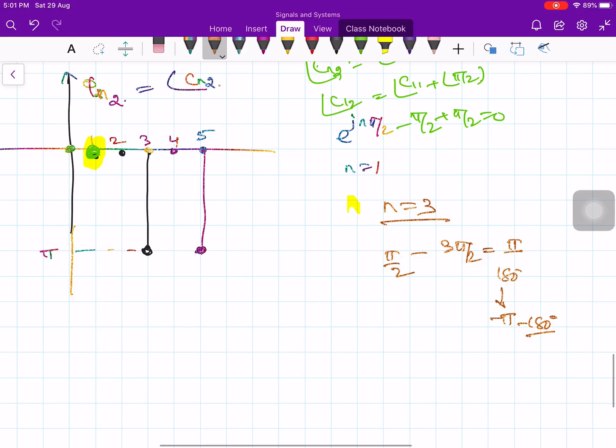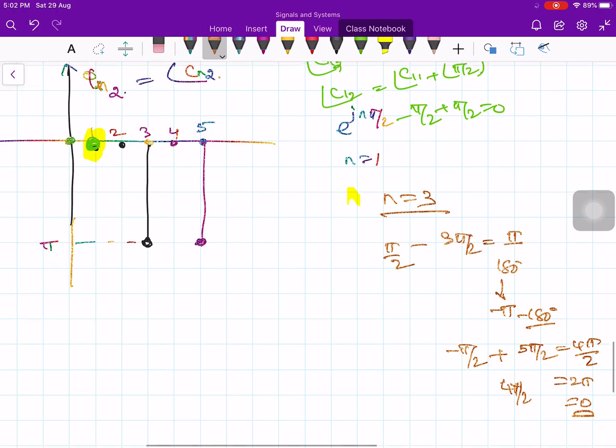Okay, and so on. At n equals 5, it is again minus pi by 2 plus 5 pi by 2. Then if you add together, it is going to be like 4 pi by 2. 4 pi by 2 is 2 pi. 2 pi is equal to 0. Okay, so like that you can keep on calculating.